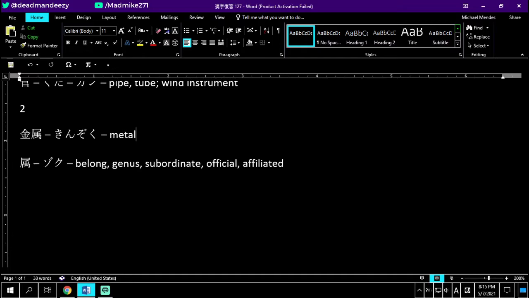Or if you want to think of gold as kind of the top official of metals, all the other lower metals are kind of subordinate. Affiliate. Kinzoku. Kinzoku desu.